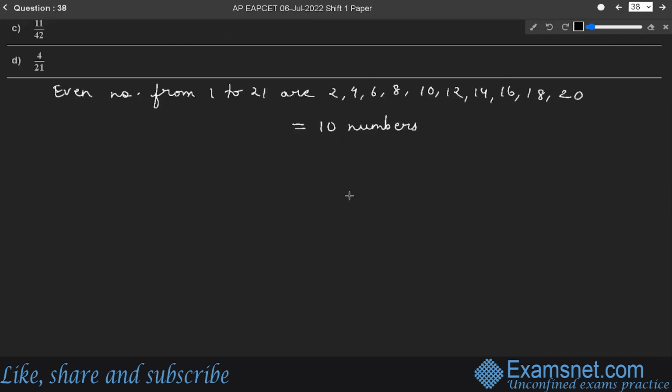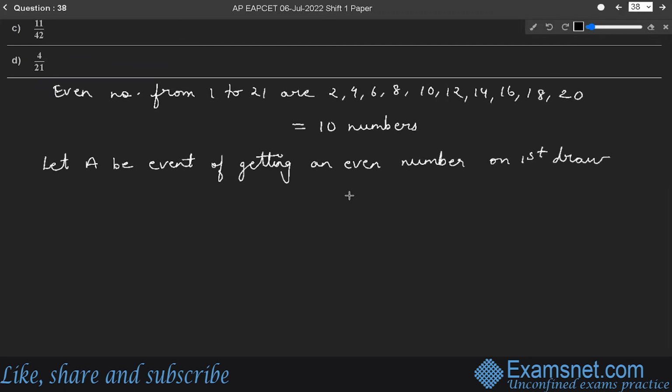Now, let A be the event of getting an even number on the first draw and B be the event of getting an even number on the second draw.